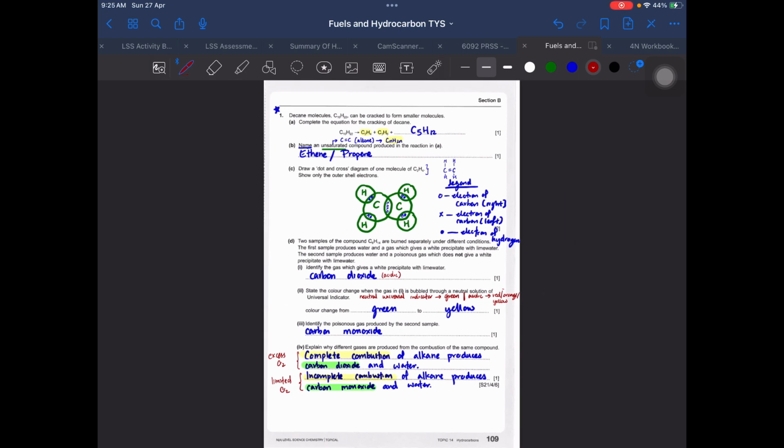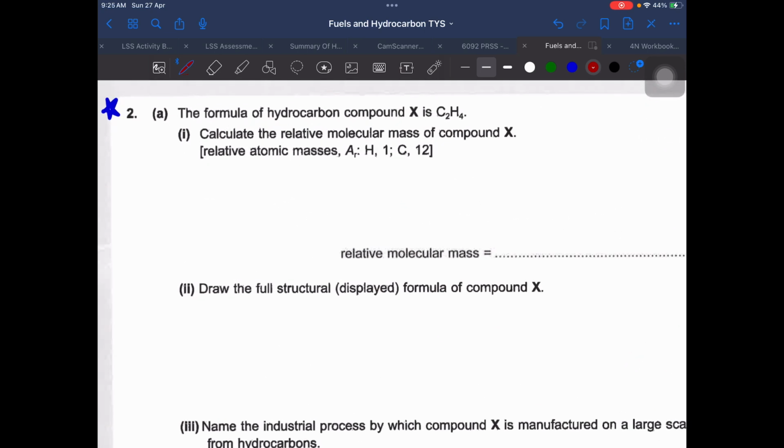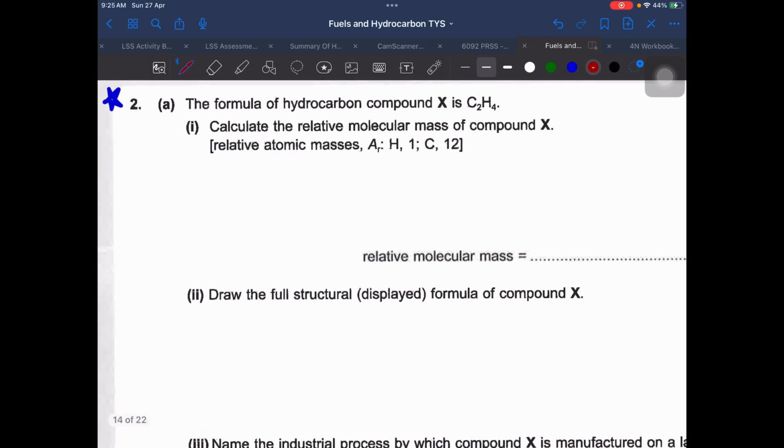Alright, then let's move on to the second page. For the second page of question 2a, the question is asking for the relative molecular mass of the compound X. Similarly now, because the question is asking about mass only, not mole, let's work out how many carbon, how many hydrogen first. C2H4 would mean that there's 2 of the carbon, so carbon and carbon.